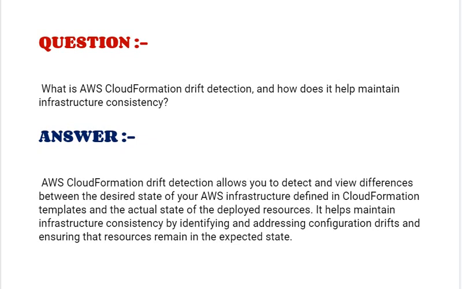Our next interview question is: what is AWS CloudFormation Drift Detection and how does it help maintain infrastructure consistency? Your answer should be: AWS CloudFormation Drift Detection allows you to detect and view differences between the desired state of your AWS infrastructure defined in CloudFormation templates and the actual state of the deployed resources.